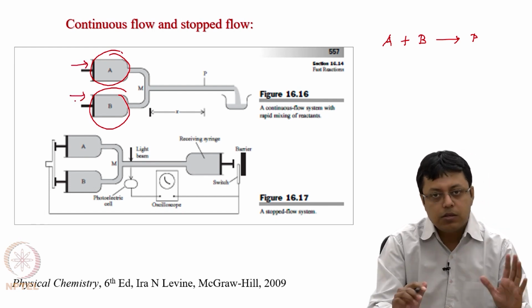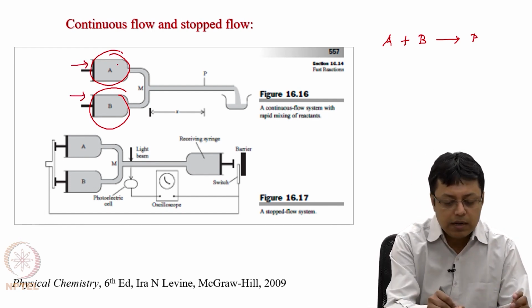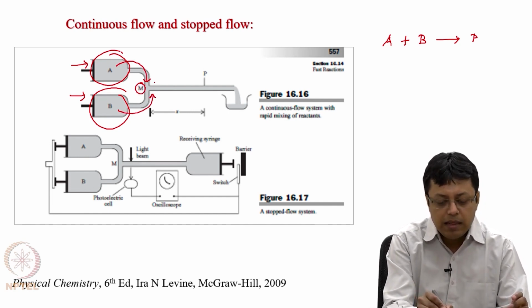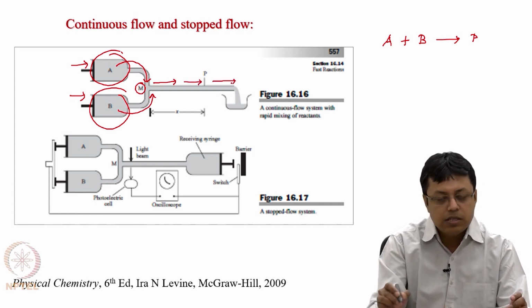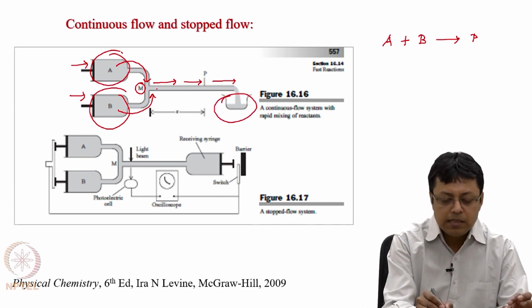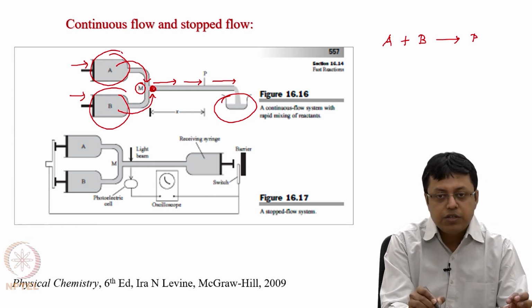We put a force on these syringes so that the reactants come and mix inside a mixing chamber, which is shown here as M, and then this mixture continuously flows along this tube and ultimately gets collected in this vessel.